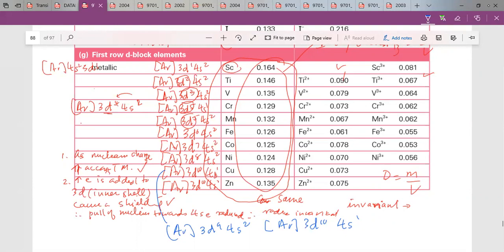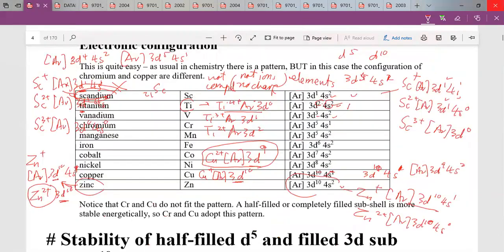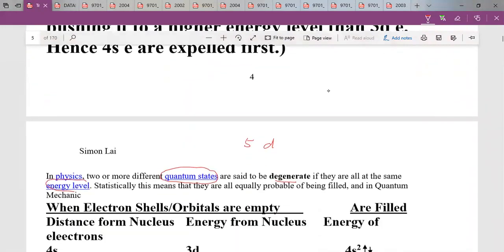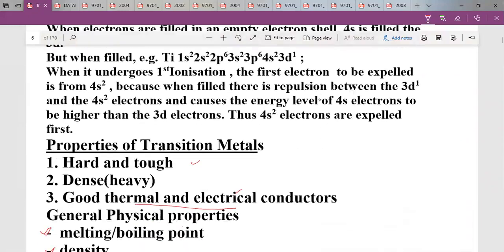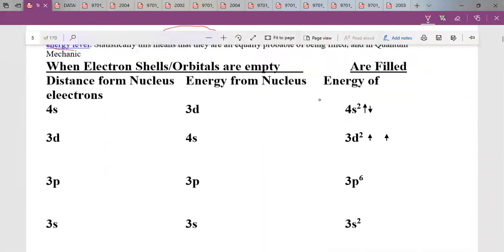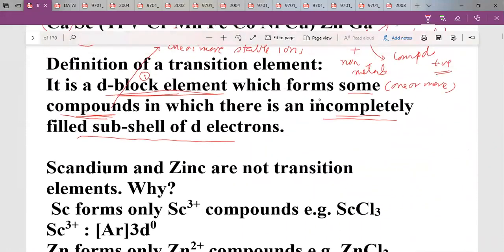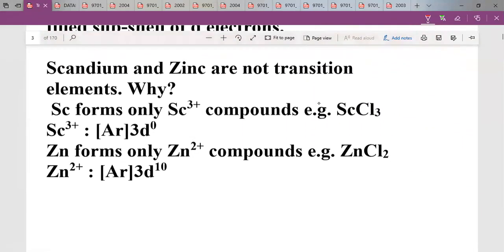Now, why is scandium not in, and why is zinc not in? See, scandium can only form one stable compound.